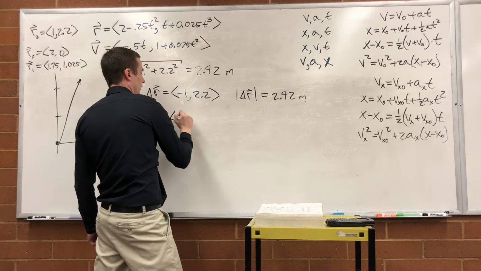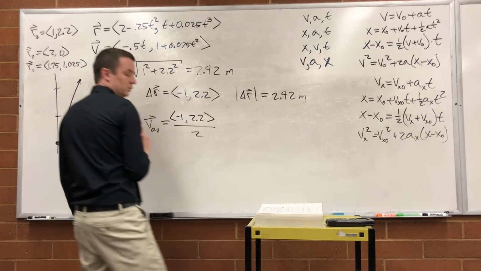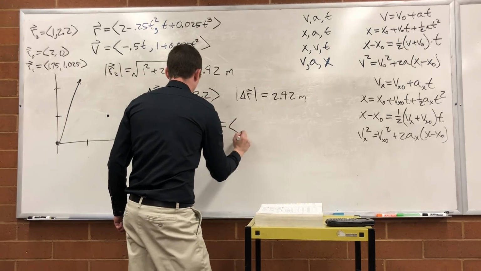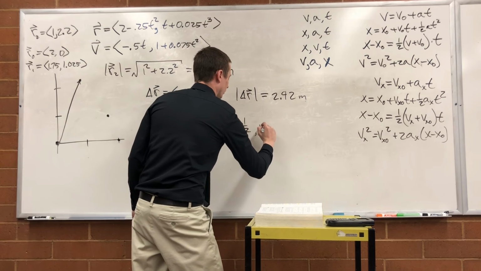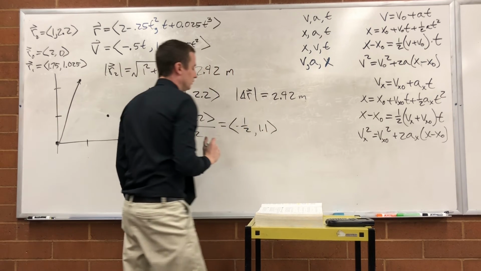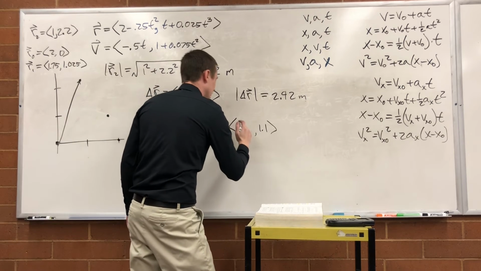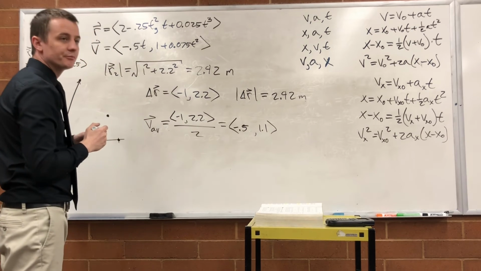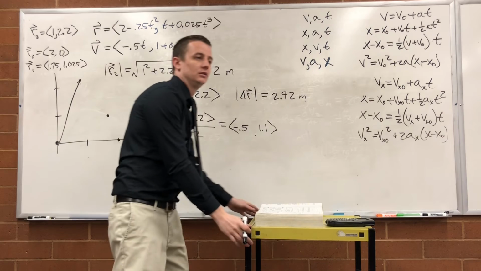It's going to be negative 1, 2.2 divided by 2, which is going to be the vector minus 1/2, comma, 1.1. Maybe to be consistent, write that as a decimal. Negative 0.5, and then 1.1. That's your average velocity vector. Interesting.